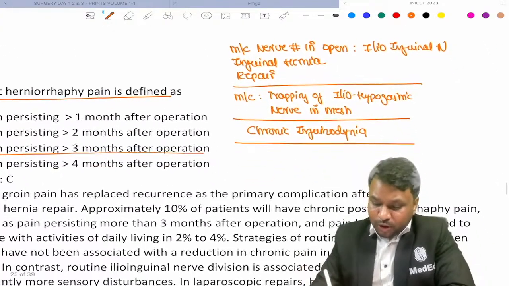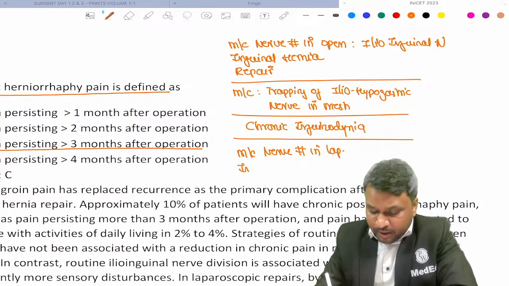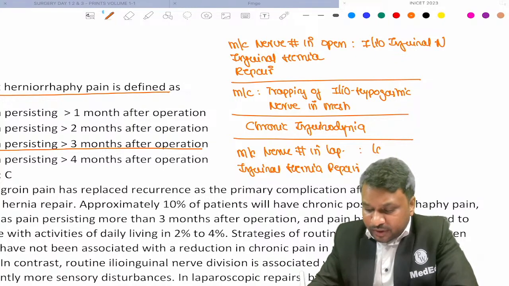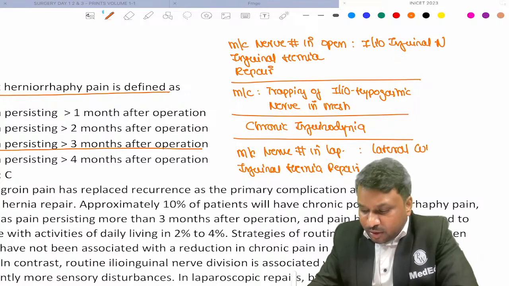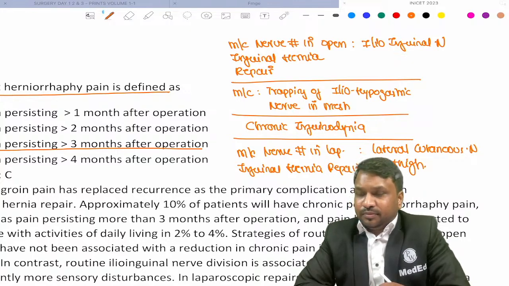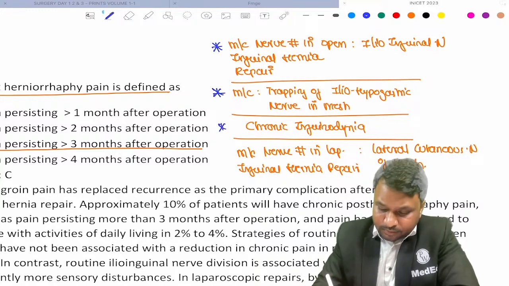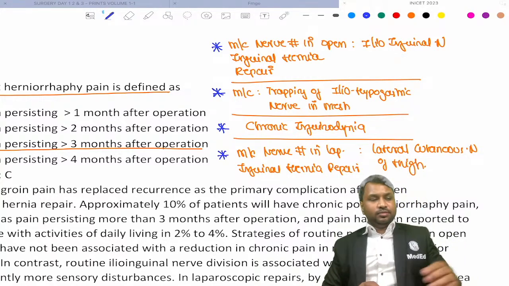If I change this question: most common nerve damage in laparoscopic inguinal hernia repair? The answer is the lateral cutaneous nerve of thigh. Right? So, 3 important questions that you need to remember with respect to hernia.